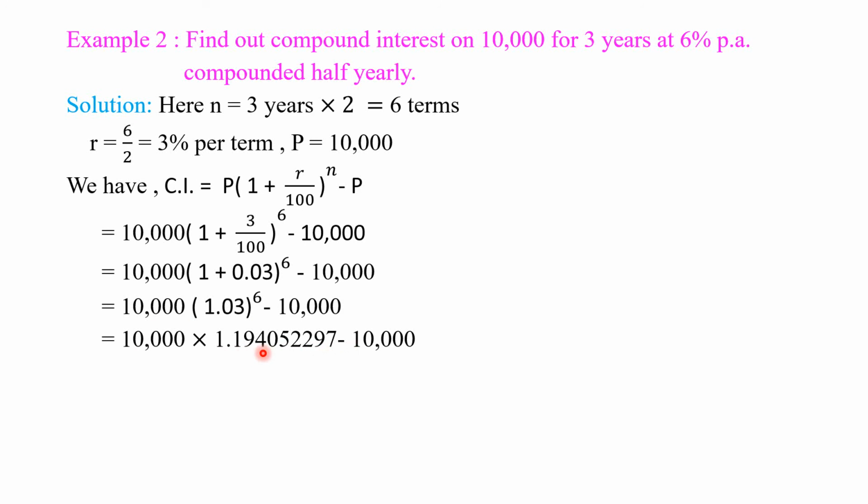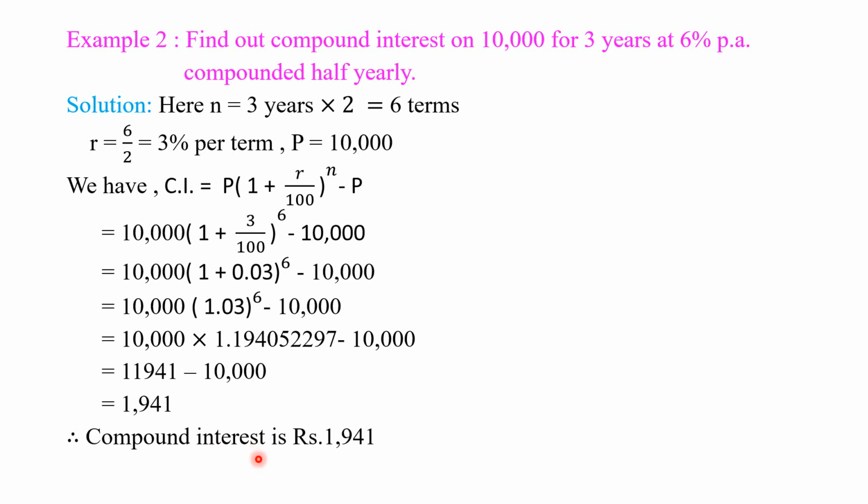We have to use all these digits as shown in the calculator. So after solving this, 10,000 into 1.194052297, we get 11,941 minus the principal value 10,000, and we get compound interest 1,941. The compound interest for half yearly compounding for 3 years is 1,941.